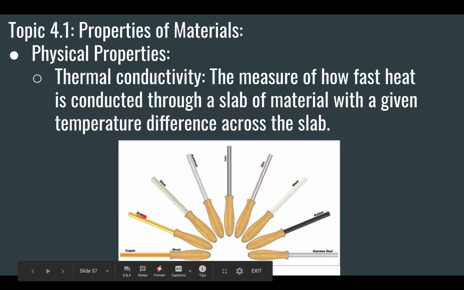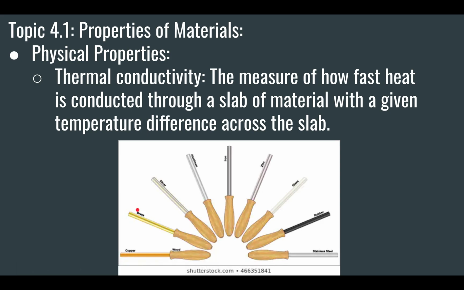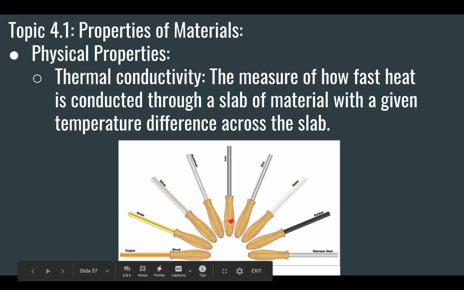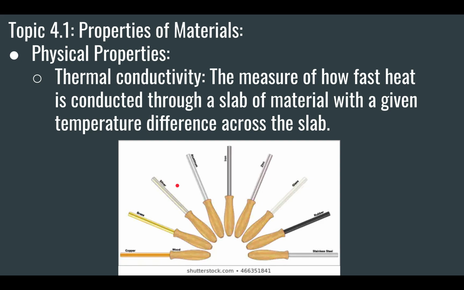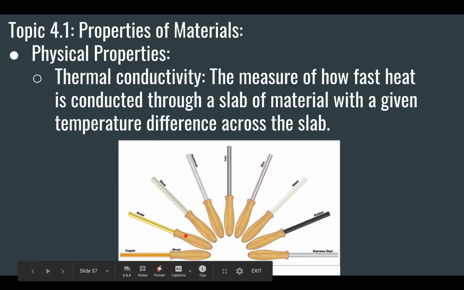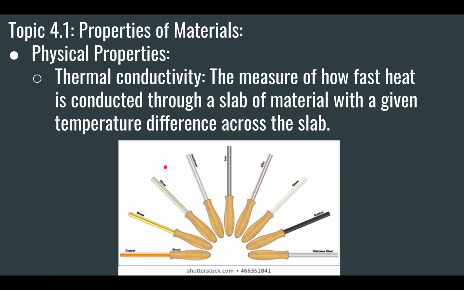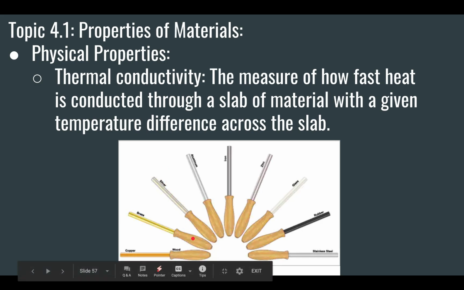Metals have free electrons, and that allows them to conduct electricity much better than something like wood, which does not have free electrons. That also goes with electricity. Because metal has free electrons, it will allow electricity to be conducted, and the same with heat. So these metals tend to be better conductors of heat, and non-metals tend to be worse conductors of heat.